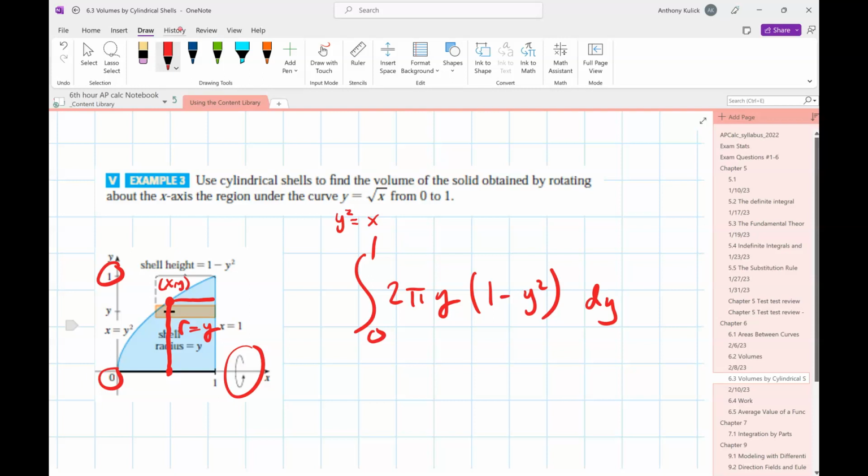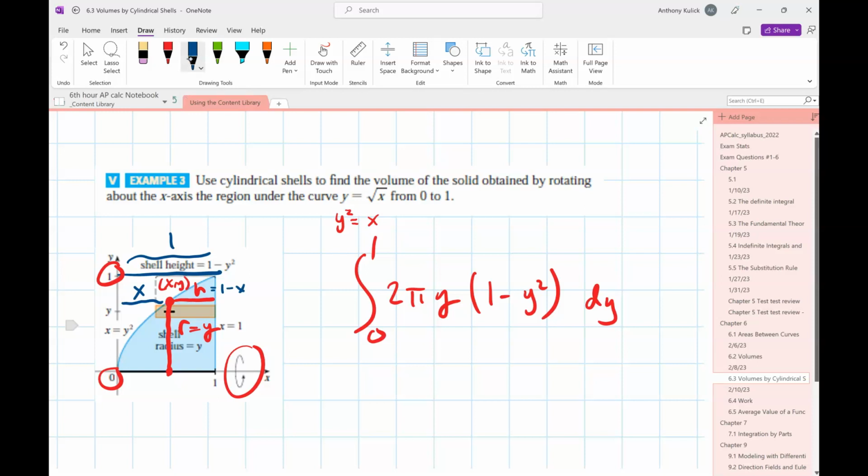So this is the height of my cylinder. I know that this distance is 1. I know this distance is x, because that's how we plot a point, right? So the height is 1 minus x.